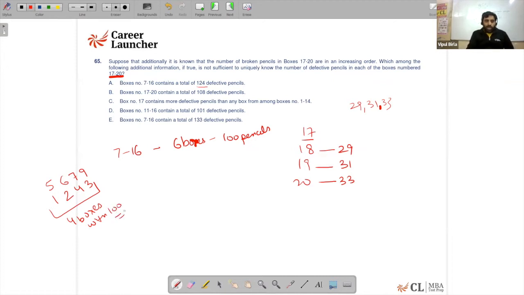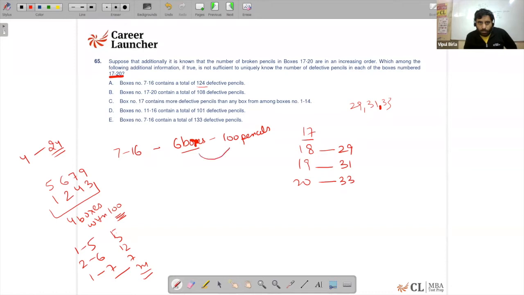So if I look at the minimum number of broken pencils in these boxes, I will take 1 with 5, 2 boxes with 6, and 1 box with 7, which makes it total 5, 12, and 7, 24. So there are 24 minimum broken pencils from these 4 boxes, and 6 boxes with minimum 100 pencils broken. So therefore the minimum number of broken pencils is going to be 124. Minimum is going to be 124.